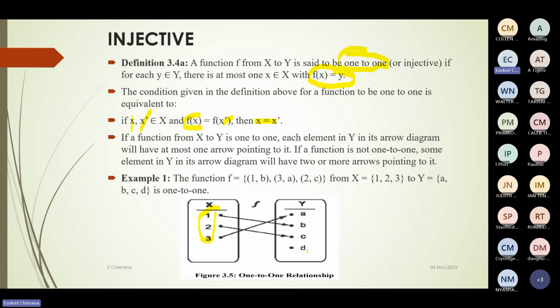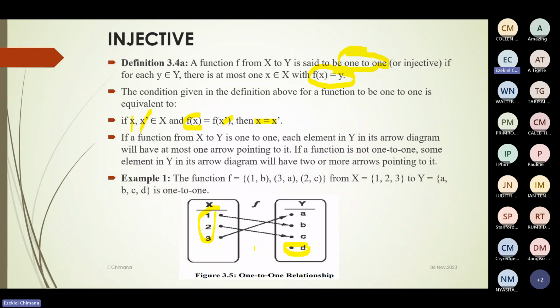And if you look at it, we've got a value in the range which is not being mapped by any value from X. It's allowed in a one-to-one function. We can have some of the values in the range not being mapped. It's allowed, but you are going to see that in some relations it's not going to be allowed. So that's a one-to-one or an injective function.